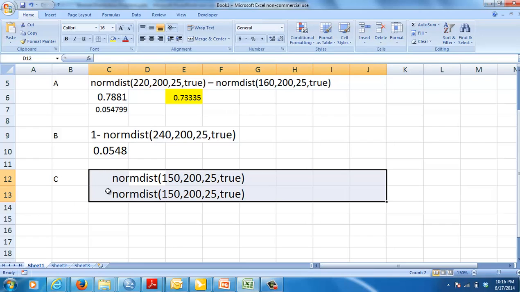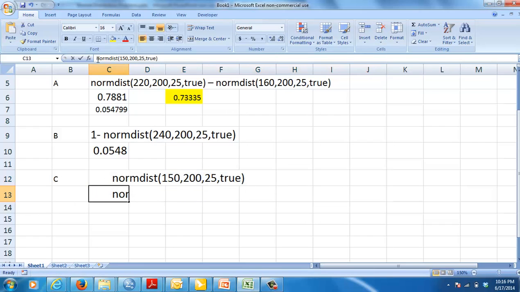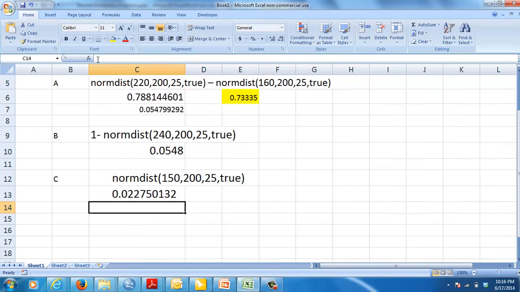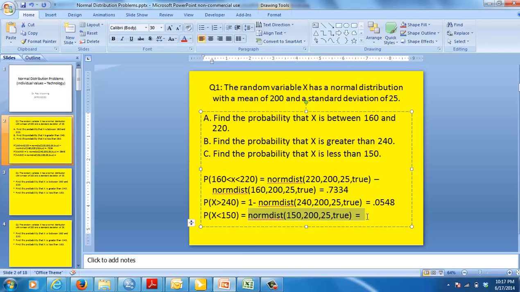But I will put the equal sign back in front of this one. Equals 0.0228, which it should give me if I get rid of, there we go, 0.0228. So the answer to this question is 0.0228.